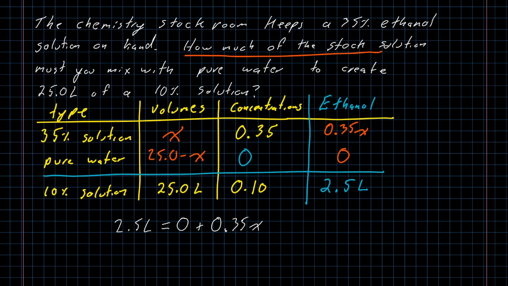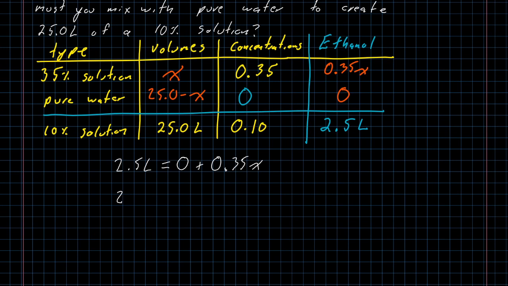So, solving this equation for x, not a particularly challenging equation. Although the value I get out is kind of nasty. 7.142857, etc. It's hard to say what is exact and approximate here.